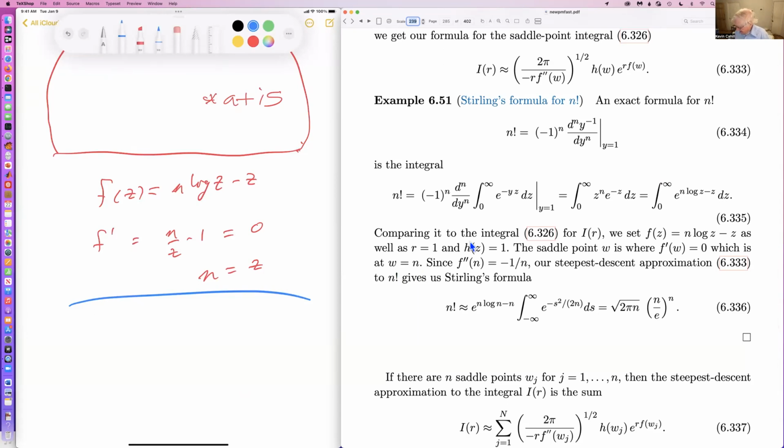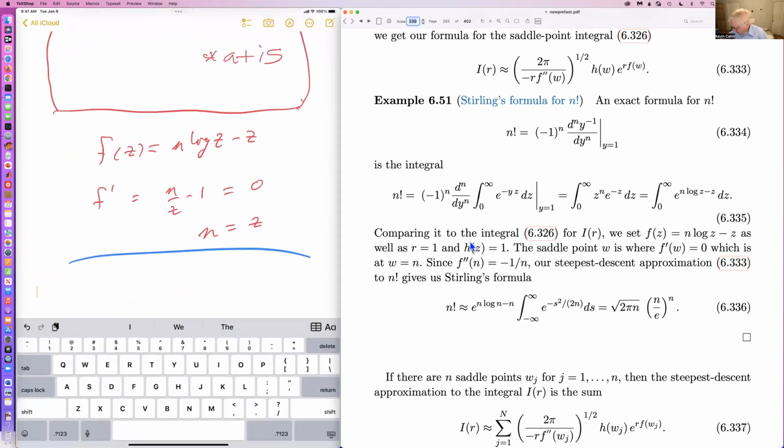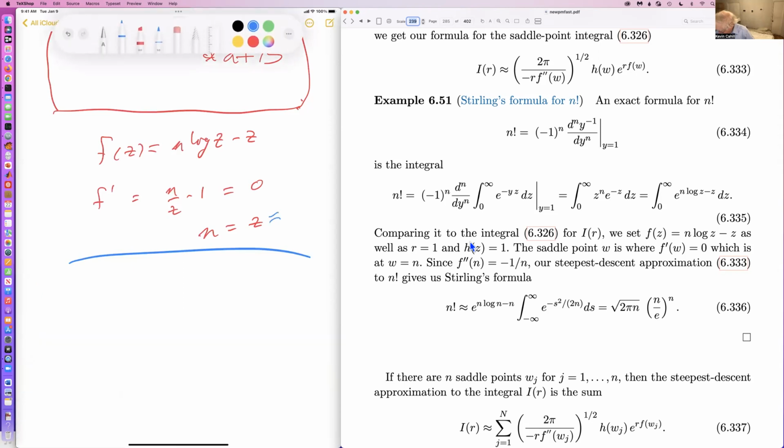z is equal to n, and that's what we call w. W is the value of z where the first derivative vanishes. And then the second derivative, f double prime, is minus n over z squared.